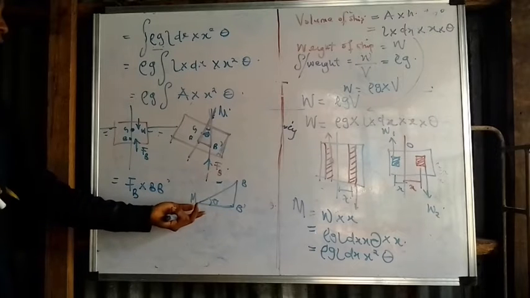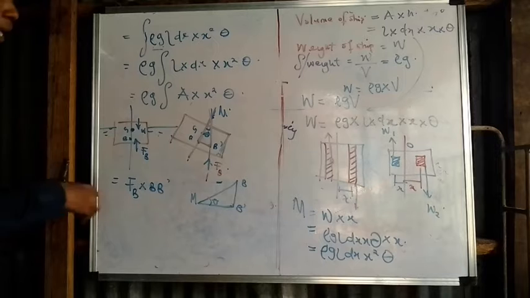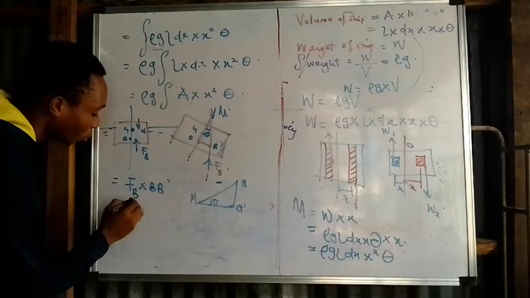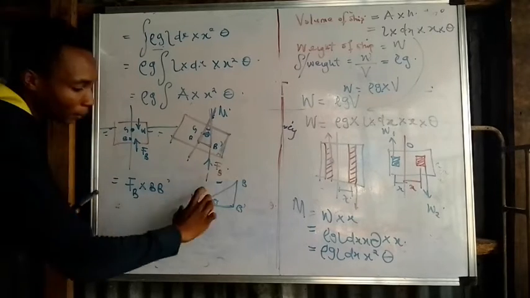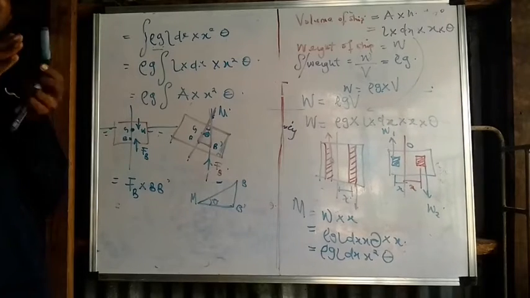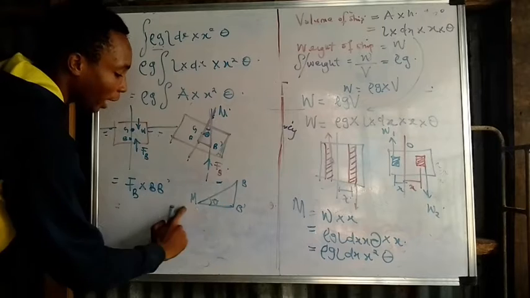So BB prime is the same thing as BM sine theta. Because the theta we are considering is a very, very small displacement, we just call it theta. So it's BM times theta.